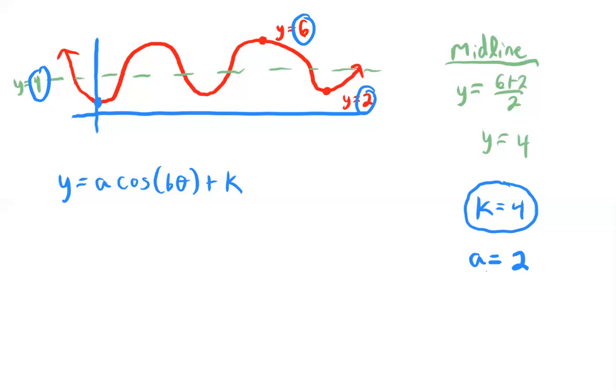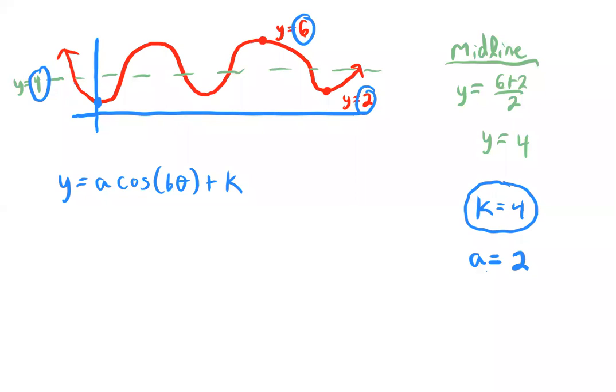How far do you travel to get from 4 to 2? 2. So either way, the distance from the midline to the max, or the distance from the midline to the min, you're focusing on the y values. You're traveling on a vertical path, so it's perpendicular to the midline.